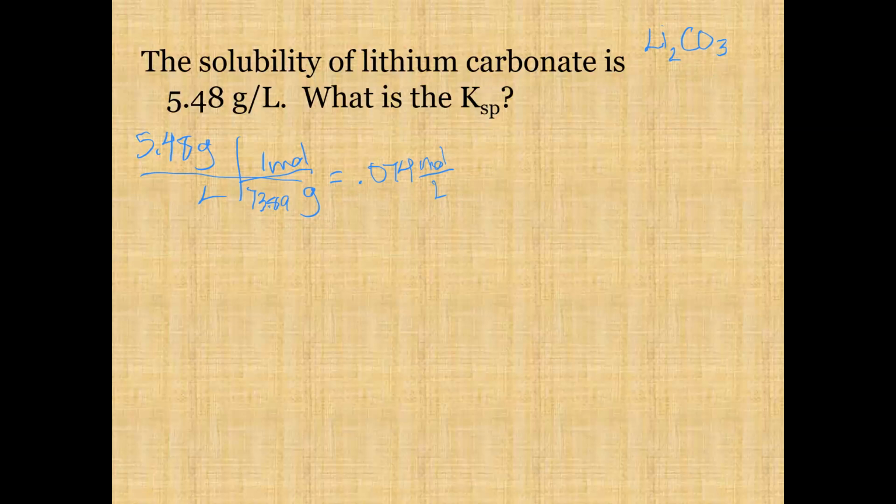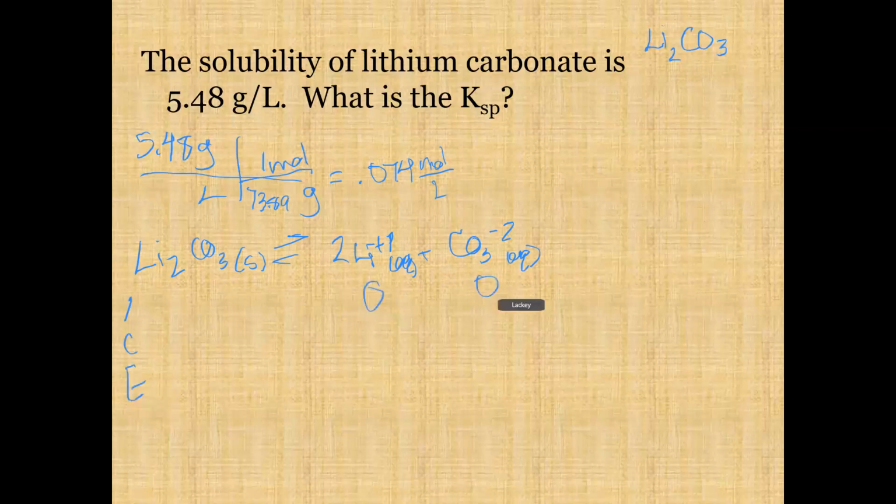So when we write this out as an ice table, we have lithium carbonate, which is a solid, at equilibrium with the ions. So 2 lithium ions, excuse me, that's a +1, and a carbonate ion that has a -2 charge. So yet again, we start off with 0 of our ions. Solids we kind of ignore.